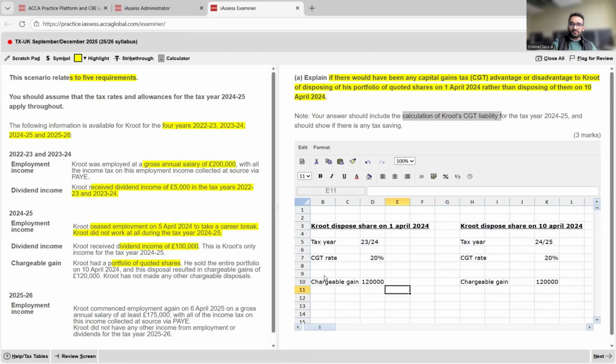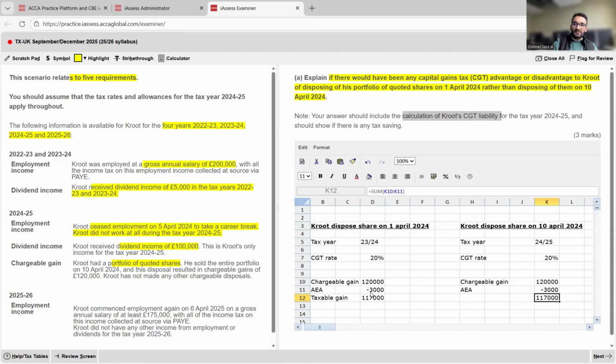There will be an annual exemption of 3,000 in both cases. So he will have taxable gains. As he does not have any other chargeable disposal, I have assumed that the annual exemption is available. So we will be applying the same 20% rate.